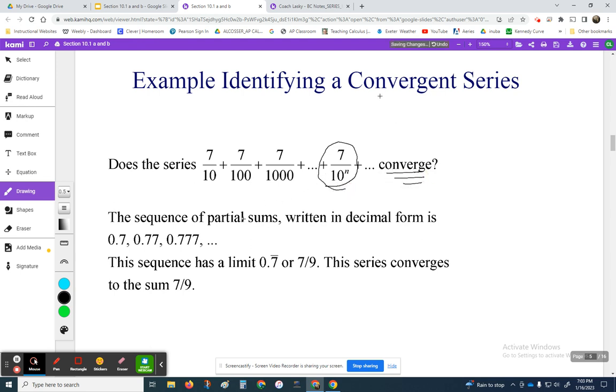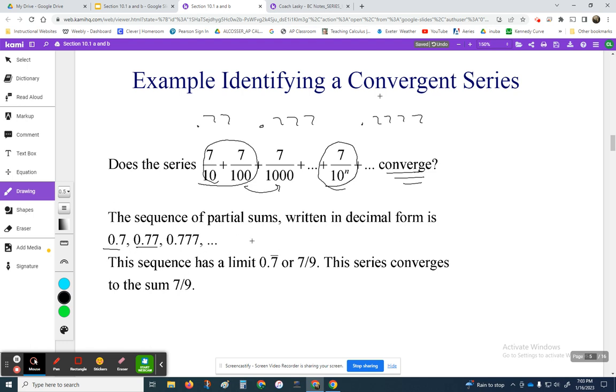If we add the first two together, we get 0.77. If we add the third piece in there, we get 0.777. And if we just keep going, it's going to keep going, 0.777.